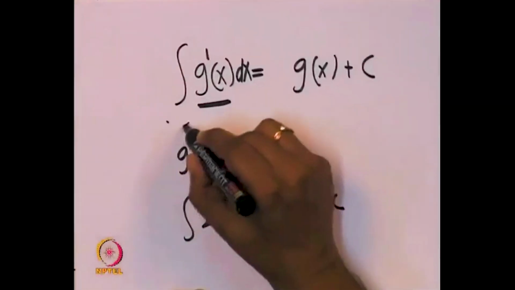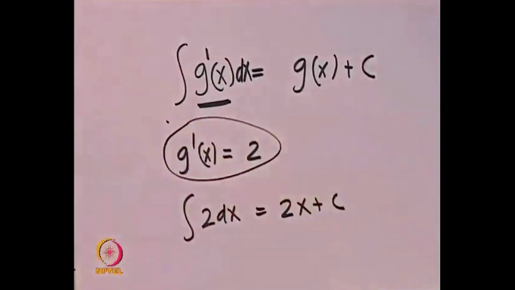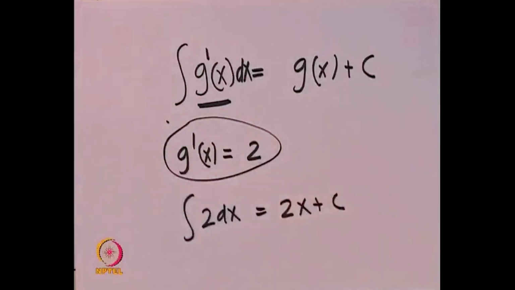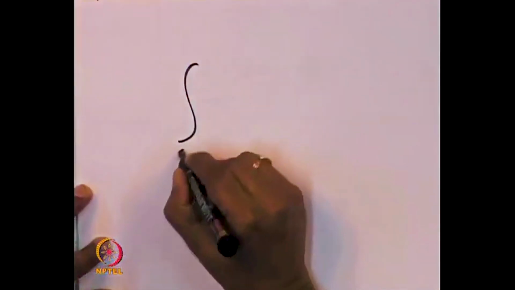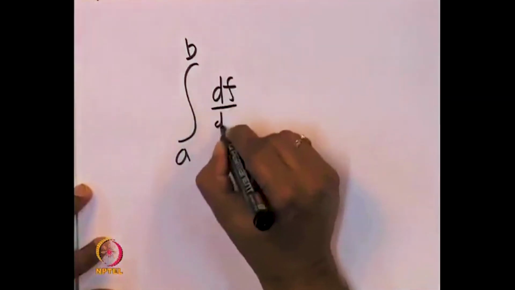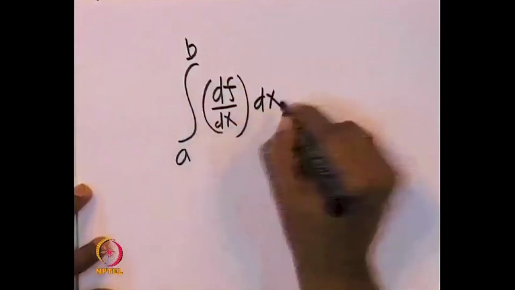So this kind of integral tells you to find a curve that has a slope g prime of x. Such integrals are called indefinite integrals. For definite integrals, we have two limits, let's say a to b, of some function df by dx into dx.